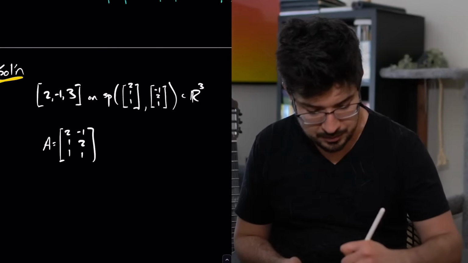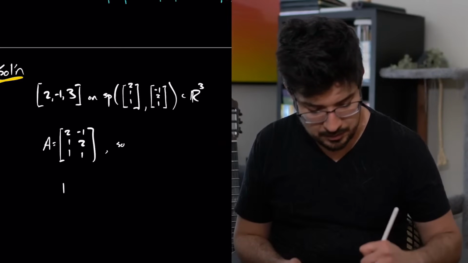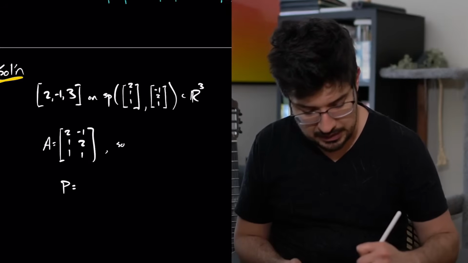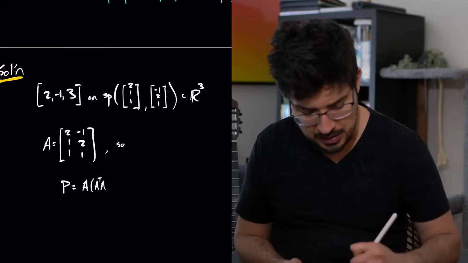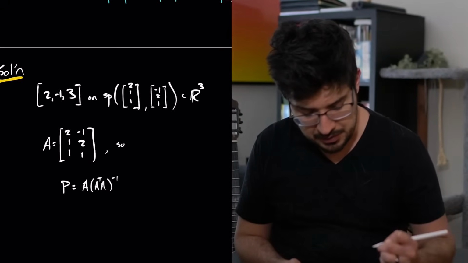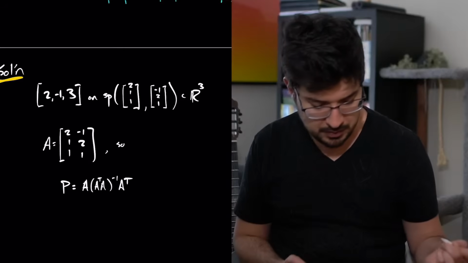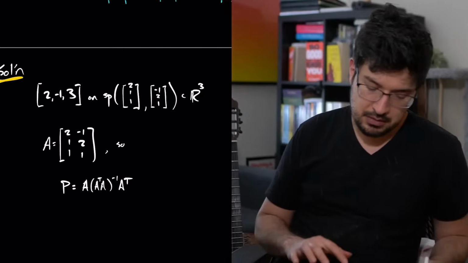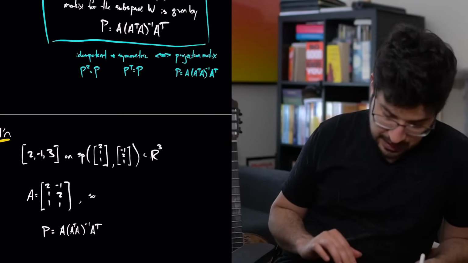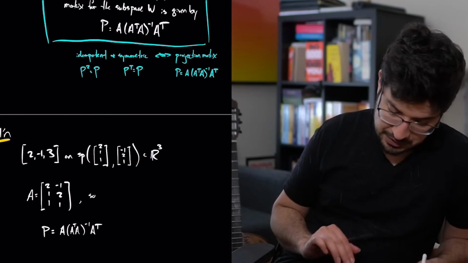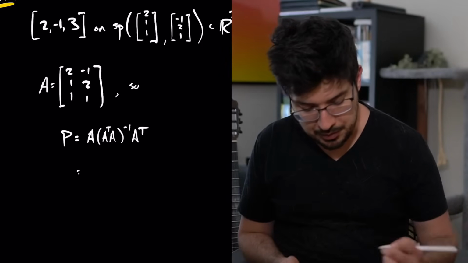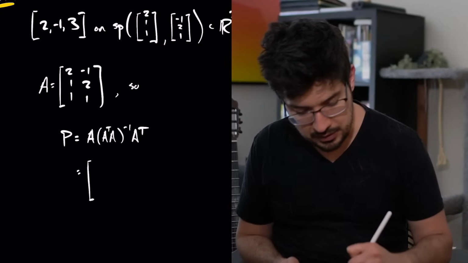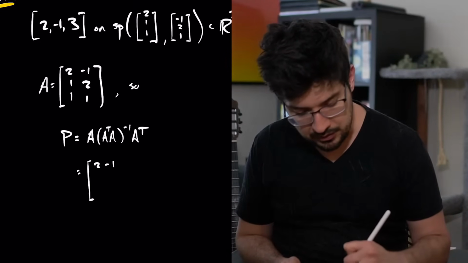So P is A transpose A inverse A transpose. Yeah, that's it, isn't it? A transpose A quantity inverse A transpose. I got that. So our projection matrix is the product of these matrices.